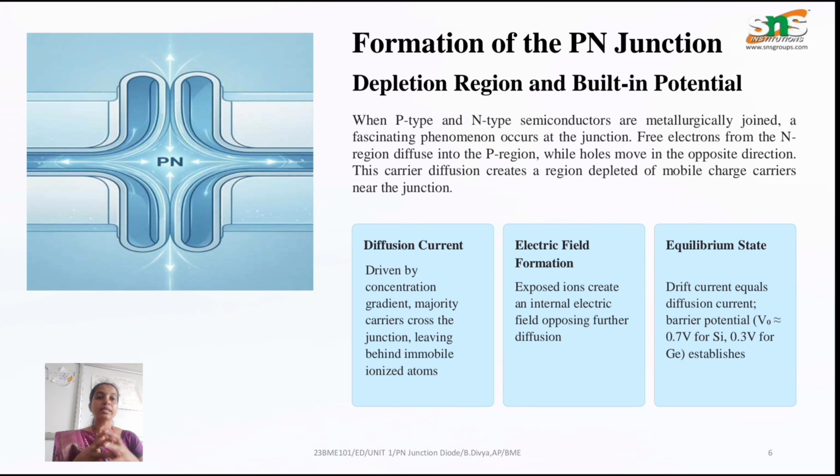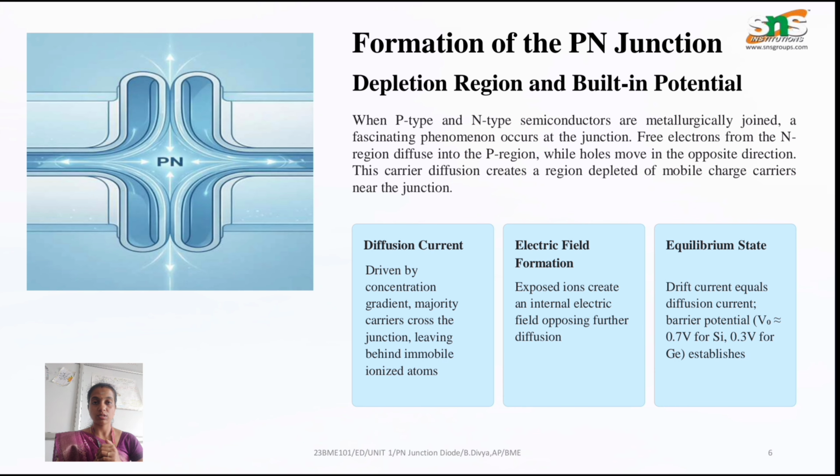Electric field formation: exposed ions create an internal electric field opposing further diffusion. Equilibrium state: drift current equals diffusion current, where the barrier potential V naught is approximately 0.7 volt for silicon and 0.3 volt for germanium.